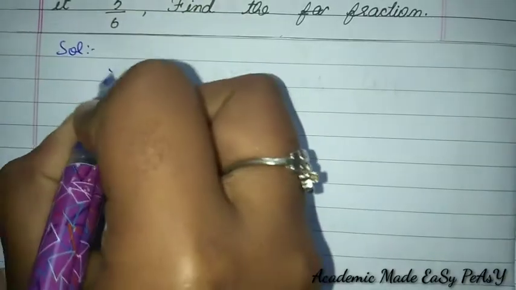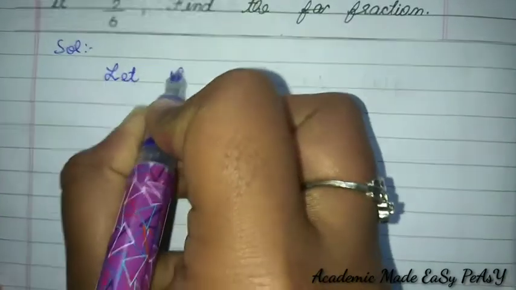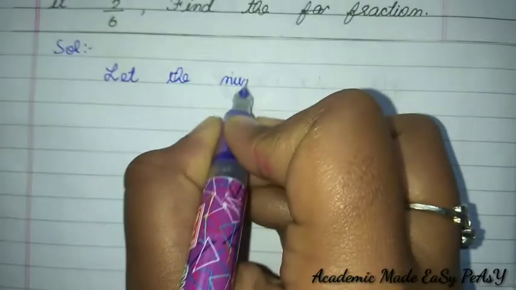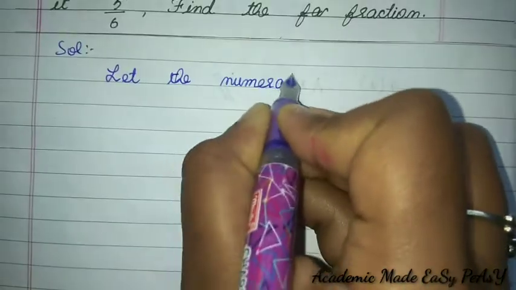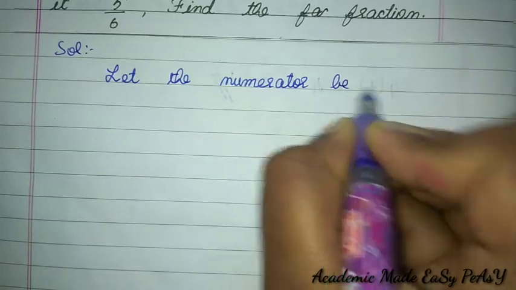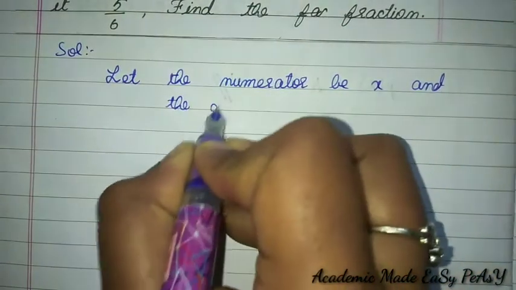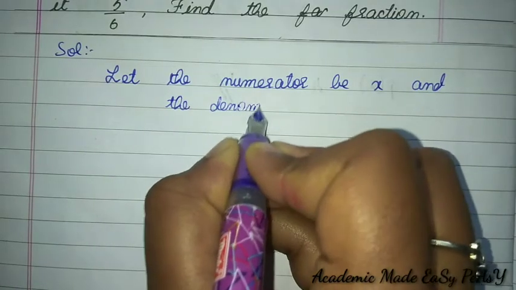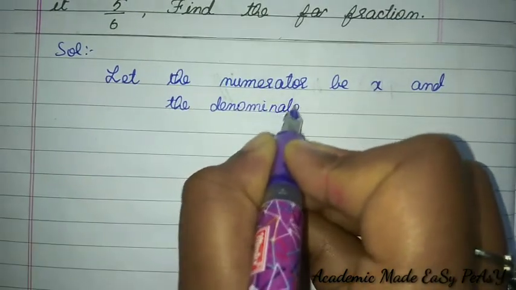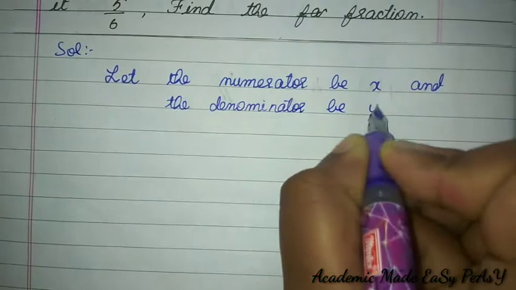So now let's move on to find the equation. Solution. Let the numerator be x and the denominator be y.